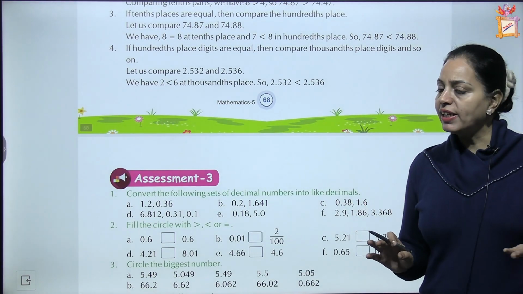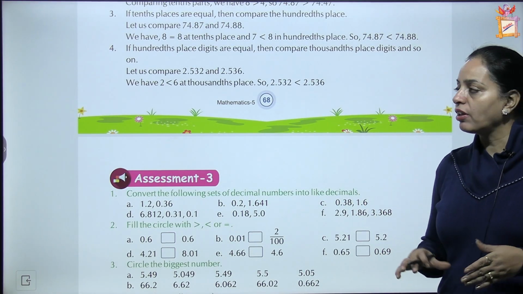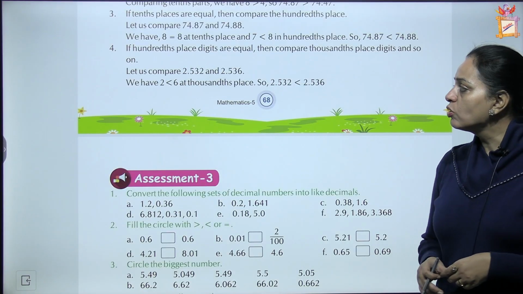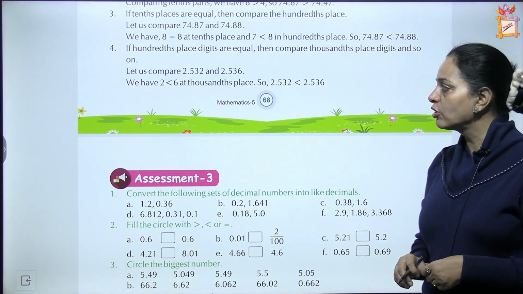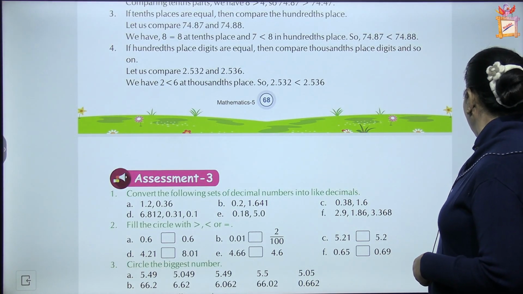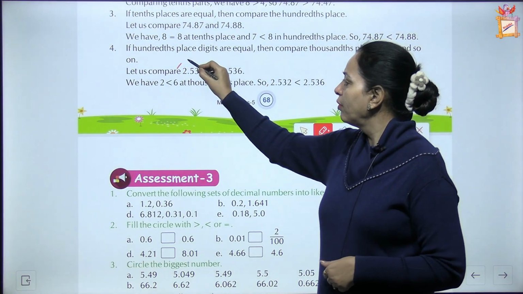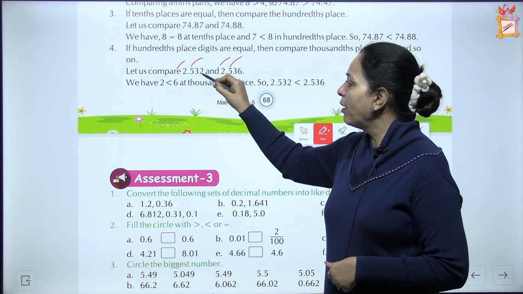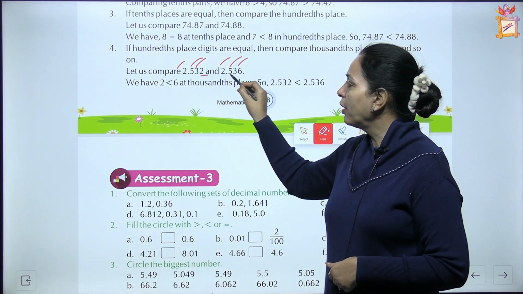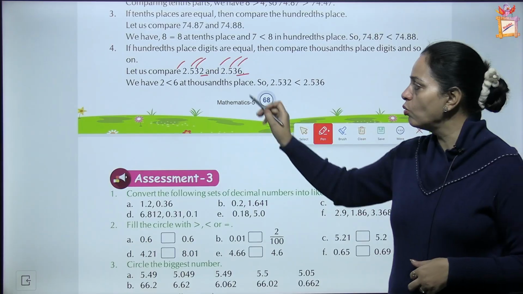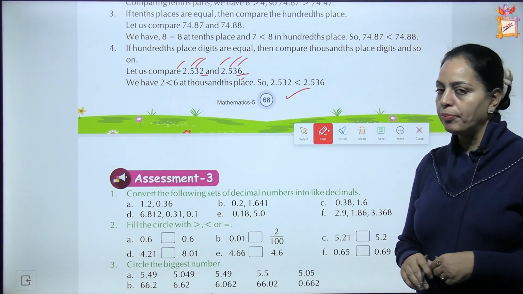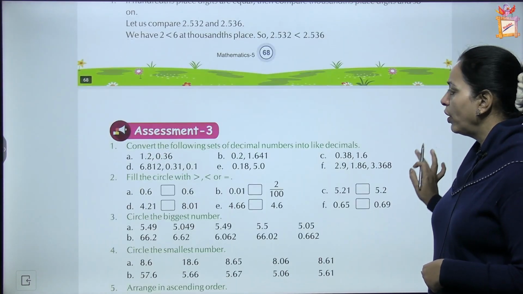Now if the hundredth place digit is the same, then we have to compare thousandth digits. So let us compare 2.532 and 2.536. So first see, whole part same, tenth digit same, hundredth digit same. Compare now the thousandth digit, this is 6, this is 2, so the second number is bigger. So very interesting, very easy.